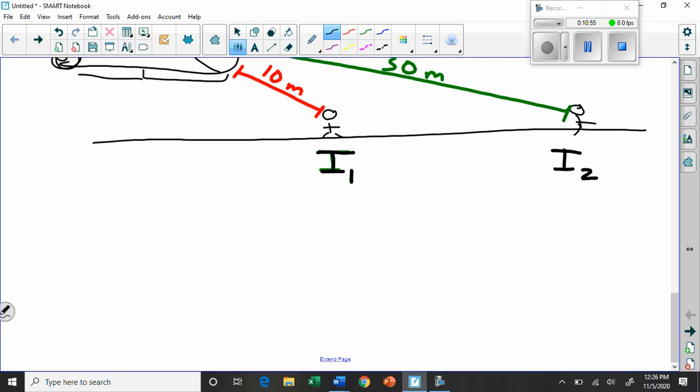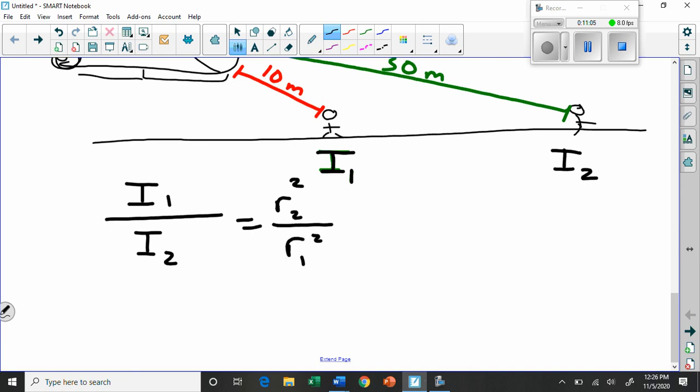So if we compare them, I1 compared to I2 equals R2 squared over R1 squared. And R2 would be the 30 meters, because this is guy number 2. So that's 30 squared, and R1 would be 10 squared.